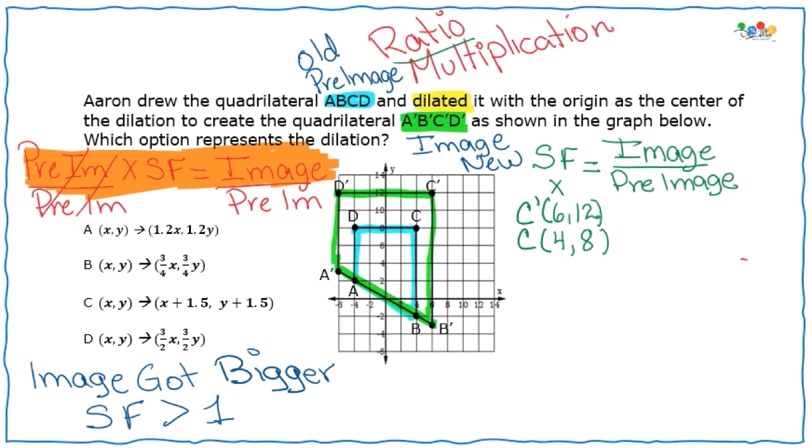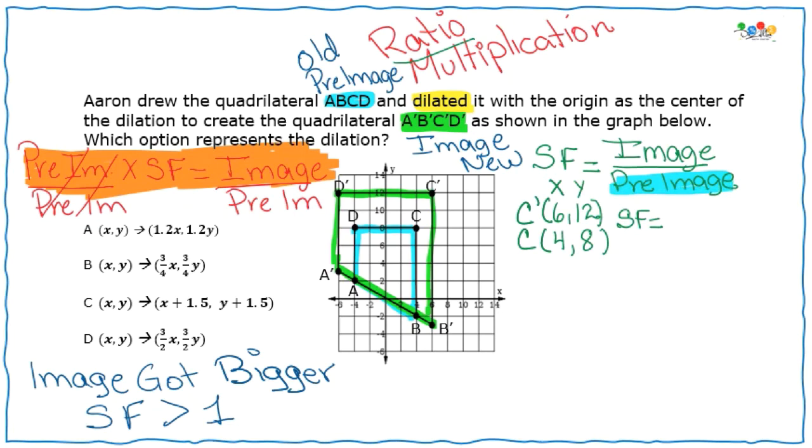This is my X value, this is my Y value. Okay? So the image, I am going to compare it to find the scale factor using those coordinates. Are we ready? Okay? What I want to do next is highlight the same color pre-image, right? So I'm going to go ahead and highlight this one.